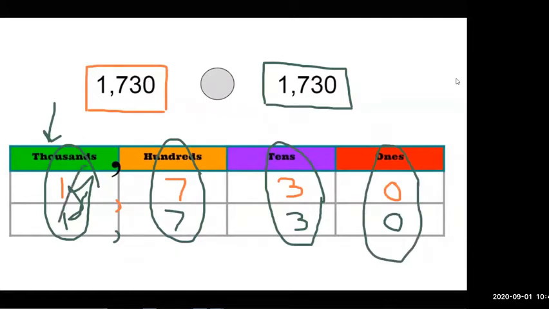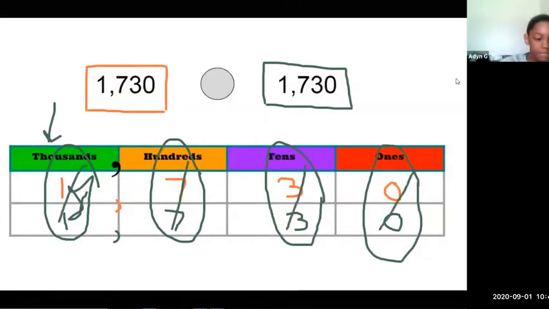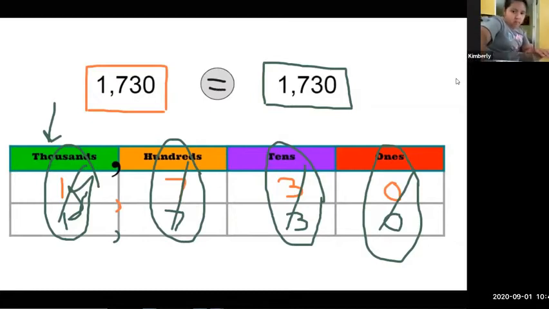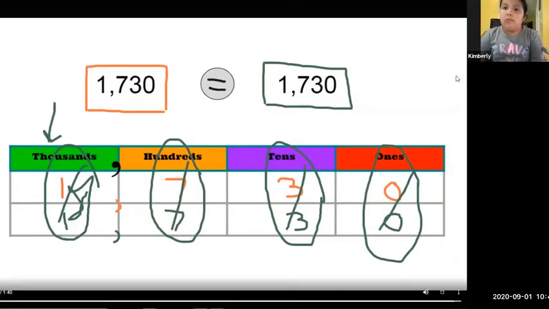If every single place value has the exact same number, that tells you that this set of numbers is equal. So you would read this as 1,730 equals 1,730. Okay, move on to the next slide to see one more example.